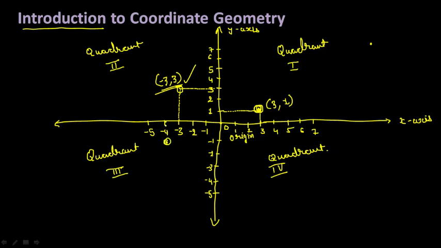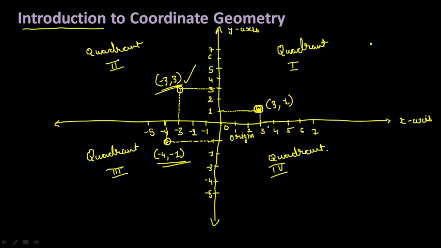From the x-axis here and from the y-axis here, the coordinate will be x is minus 4 and y is minus. So this will be the coordinate of this. In this way you can find the exact position by the coordinate. This is the main thing that you need to remember.